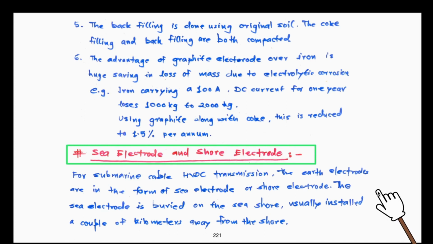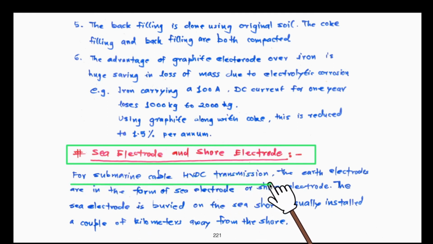So when two places are separated by the sea, naturally the electrodes will be installed at the seashore, right? And current will be flowing, of course, through the ground or maybe through the sea. Okay. And naturally there are certain technical constraints to it that we are going to realize as we study through this, right? So for submarine cable HVDC transmission, the earth electrodes are in the form of sea electrode or shore electrode.